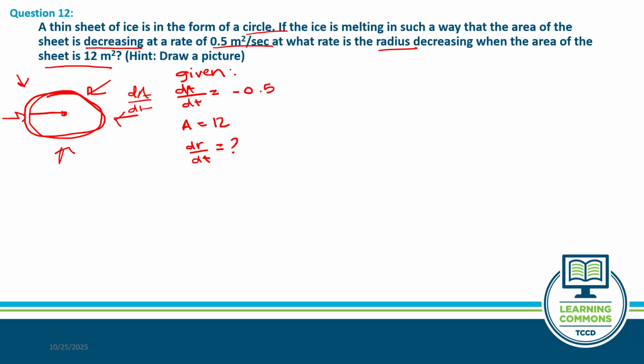I also know the area of a circle. It should be pi r squared. Now, before I get too crazy, I need r.